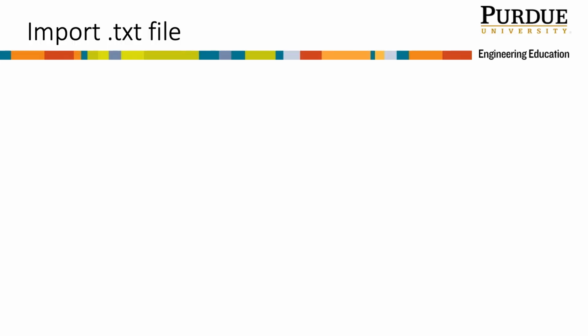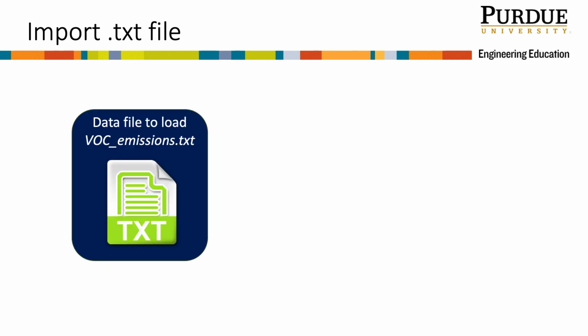So let's go back to our problem. First, I need to load the data file called voc_emissions. This file is a text file or txt file. Many data files contain text along with numeric values. The voc_emissions file does that as well.